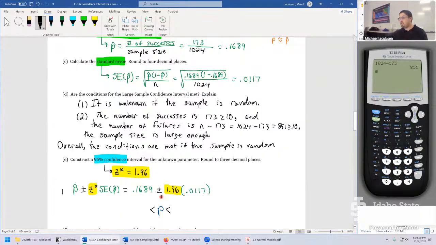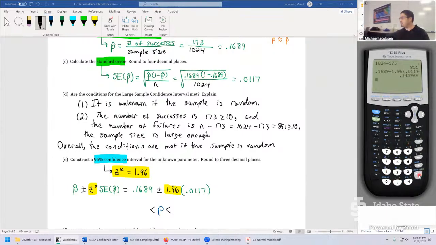There's 2 sides to this. The left side, the lower value, is when we use the negative here. So let's carefully punch in 0.1689, use the minus sign, 1.96, and either parenthesis or the multiplication symbol will work out just fine. 0.0117.